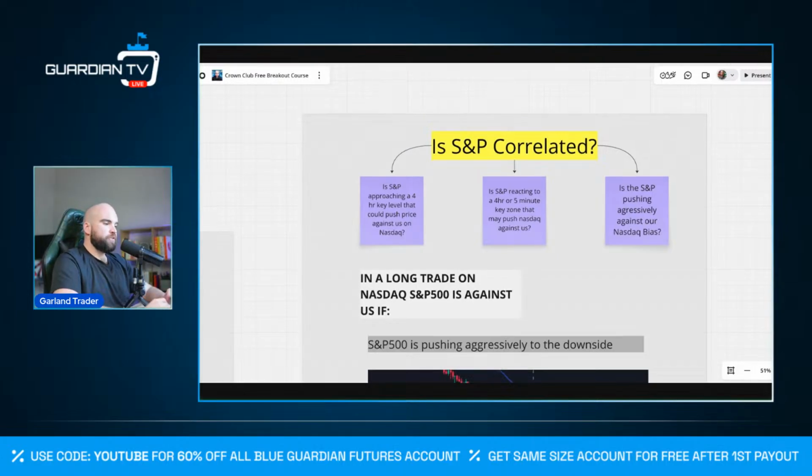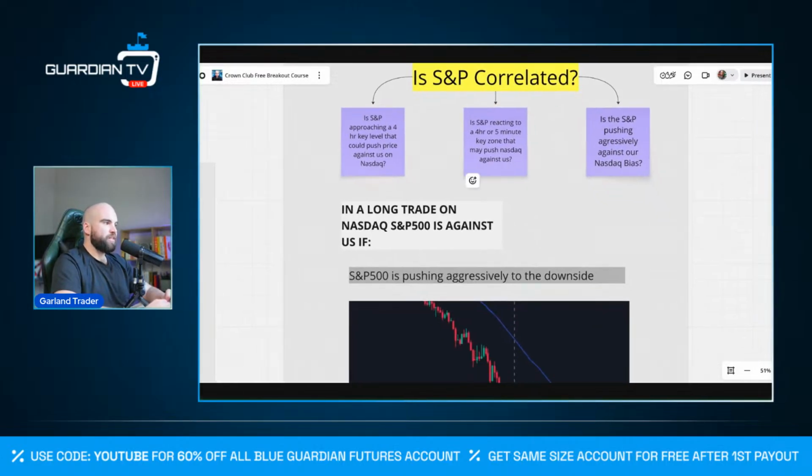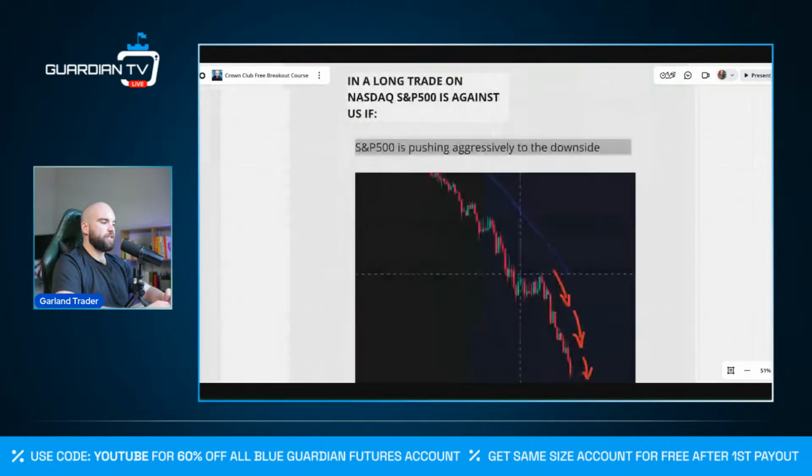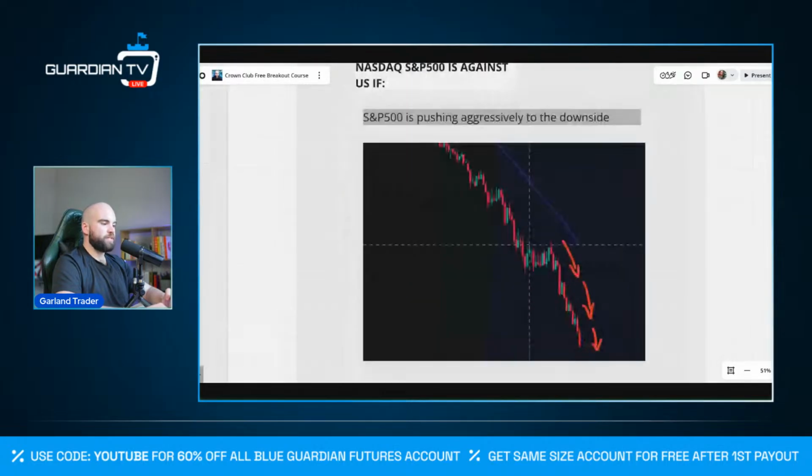Okay, so basically, if there's a solid area that it's reacting to, and you're trying to get into a buy trade and it's struggling to break through a resistance, you're going to struggle to fight against that on NASDAQ, because NASDAQ is highly correlated with the S&P.